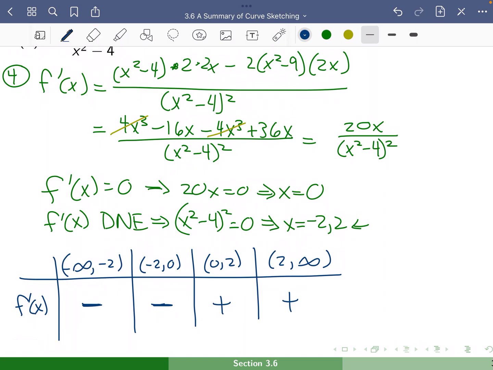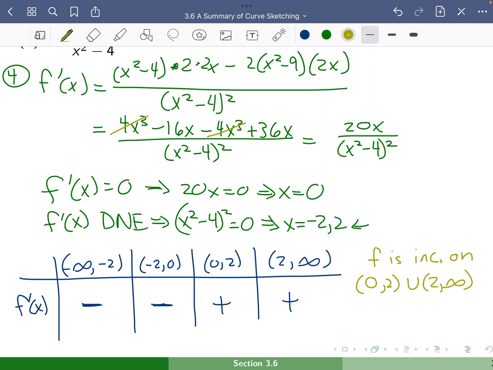So what does this tell us? Well, this tells us that f is increasing on 0 to 2, along with 2 to infinity.